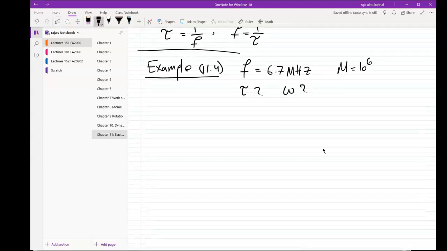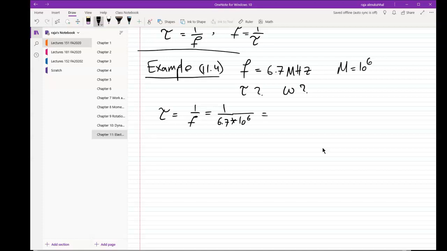So we know that the period tau is 1/f. So all I need to do is 1/6.7 times 10 to the positive 6, because that's a million. And when we use the calculator for that, you will end up getting 1.5 times 10 to the -7 second.